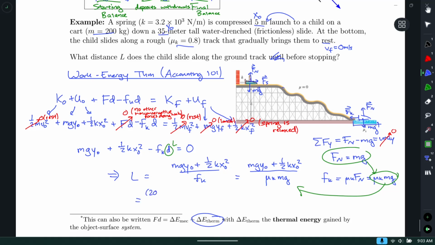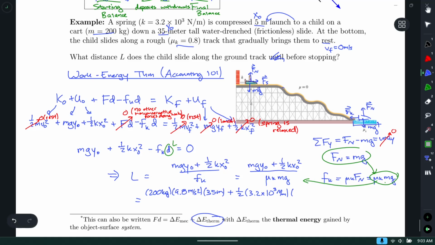So 200 kilograms, 9.8 for g, initial height of 35 meters. Spring constant is 3.2 times 10 to the 3. Didn't leave myself enough room, as usual. So this was pointing over here. Spring is compressed 5 meters.